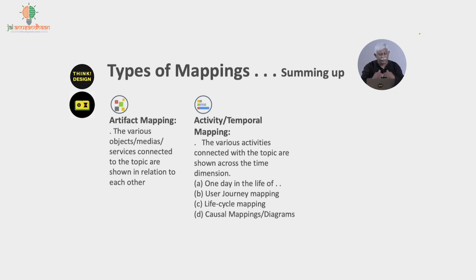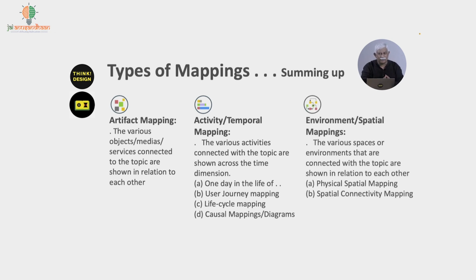The last one is a very interesting mapping because it actually maps relationship between different variables connected with your topic. So you can actually see which are positive connections, which are negative connections, which go in which direction, are they both ways. Very simple, relationship between the different factors can be done through pings.